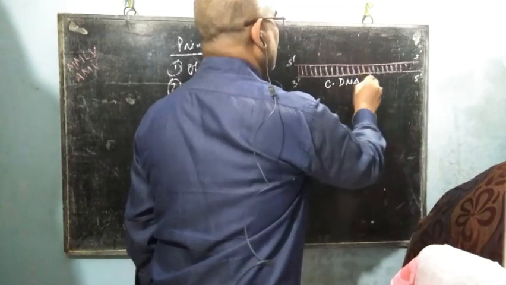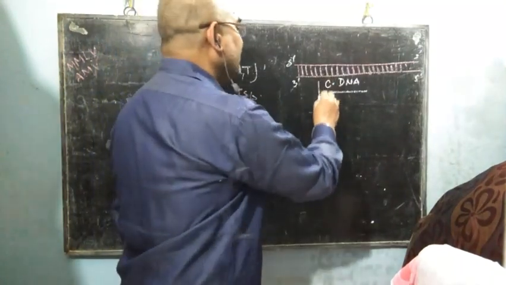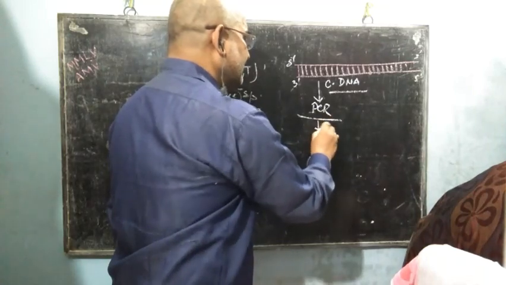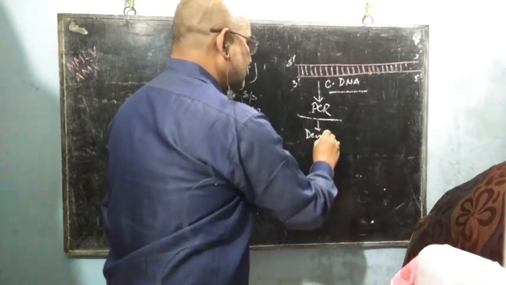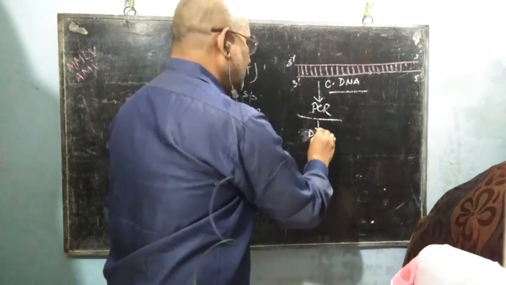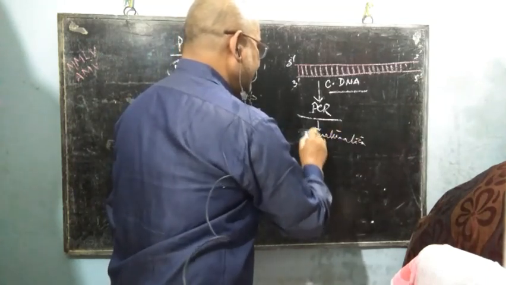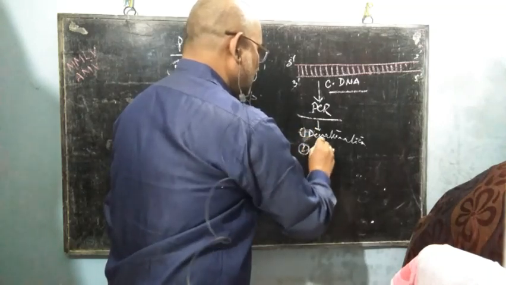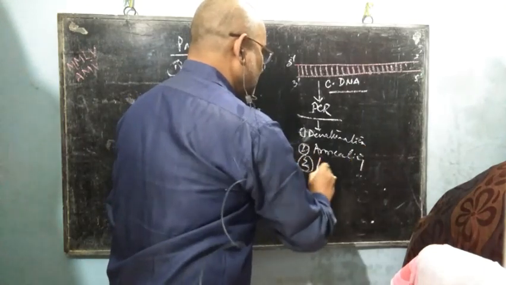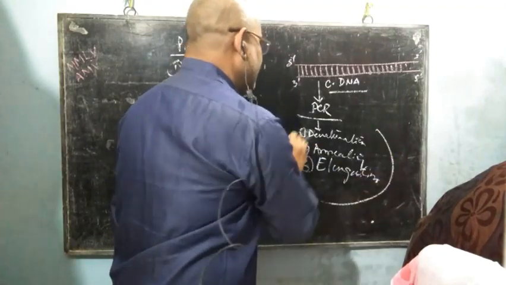Complementary DNA. Then from the one complementary DNA, we use the same PCR, that is common PCR, that is denaturation, annealing, and elongation as commonly PCR, and it includes the one cycle.